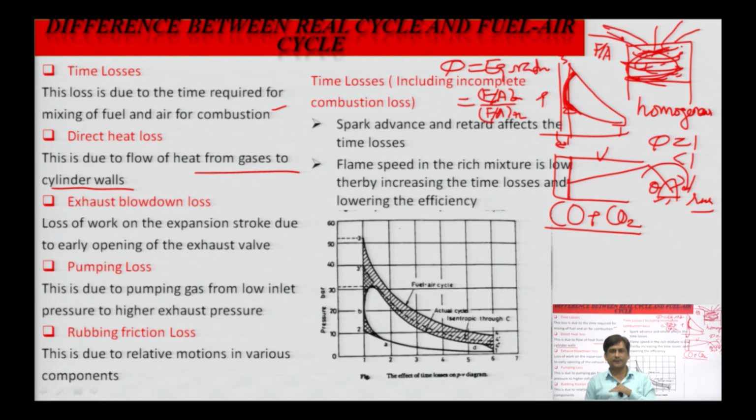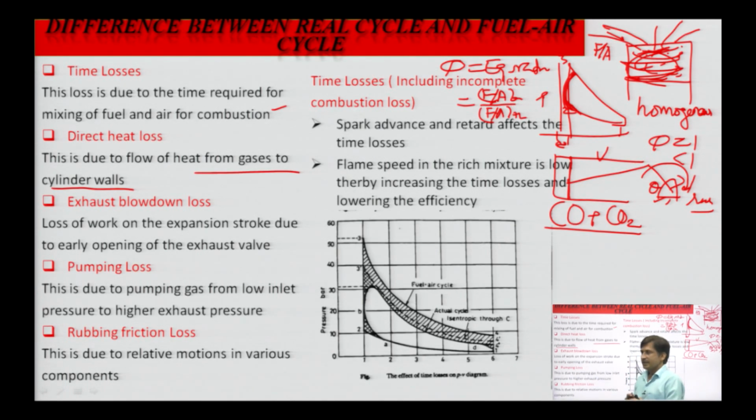Suppose at the start of expansion the pressure is about 80 bar, and at the end of expansion ideally I have assumed the pressure is 1 bar, which is atmospheric. But if you open the valve at, for example, 7 bar, then 7 bar and 1 bar atmospheric gives you a pressure difference. Because of that, losses are there, which are called pressure losses.